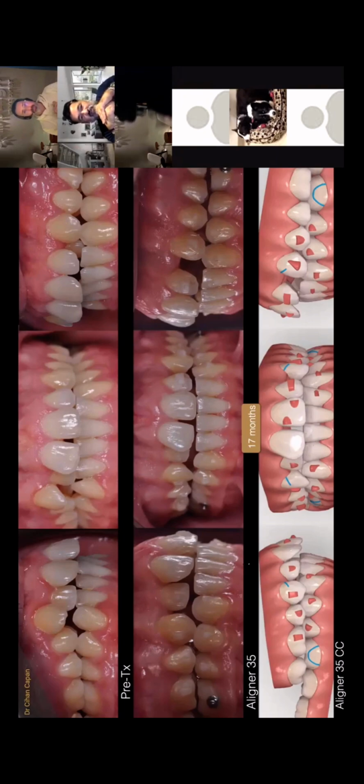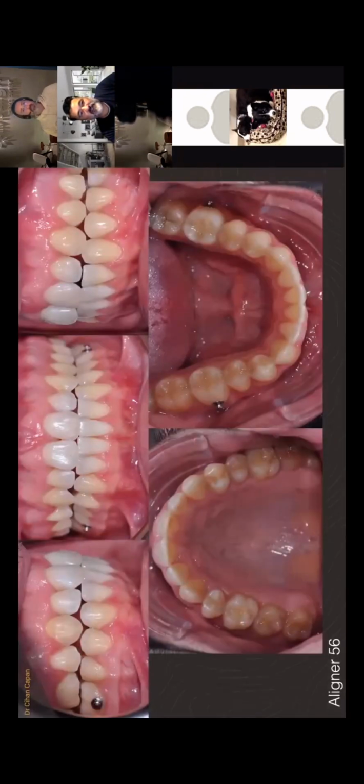And because of these heavy class 2 elastics, we had a jump effect over here. So I said, stop using class 2 elastics for a while. We will pause it, just use your aligners. And please listen to my direction. I told him, and he said, okay, I will. And when we look at when we finished our first initial aligners with the 56, you can see the situation. We have actually an edge bite.